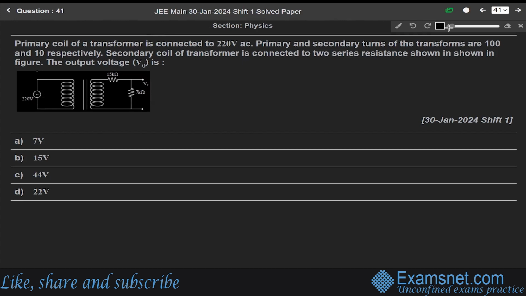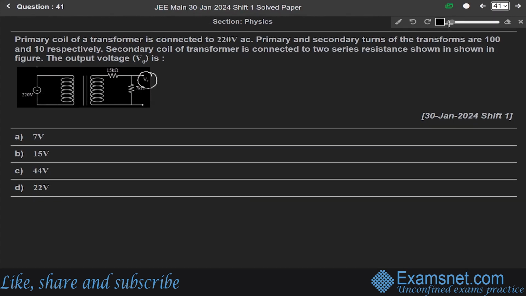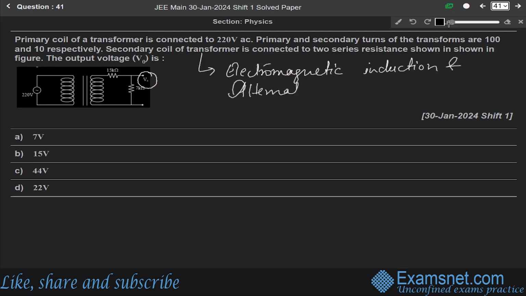We have to find the output voltage V0. So this question is from the chapter of electromagnetic induction and alternating current. Okay, so it is asking about the transformer.